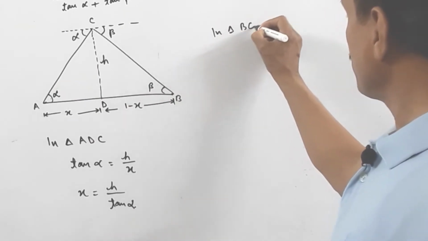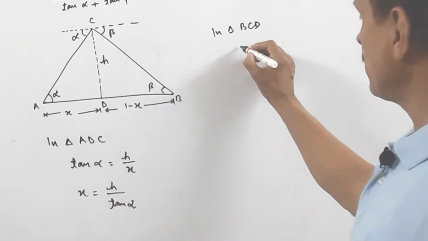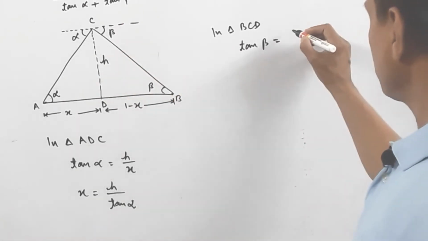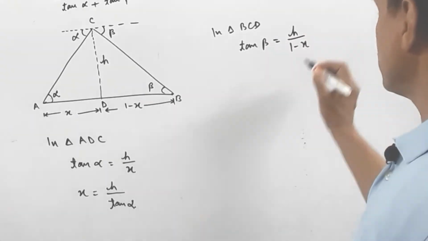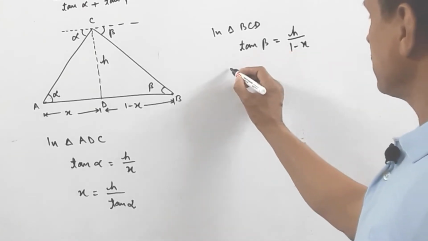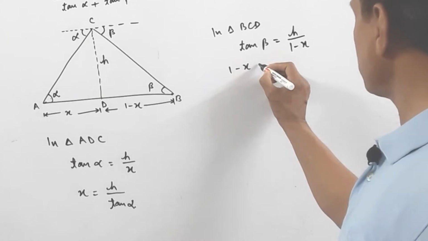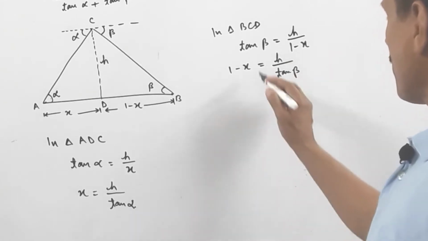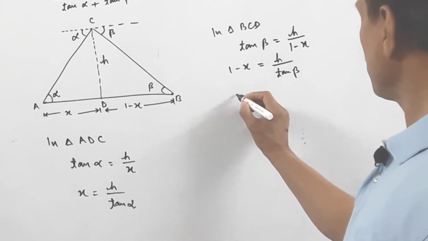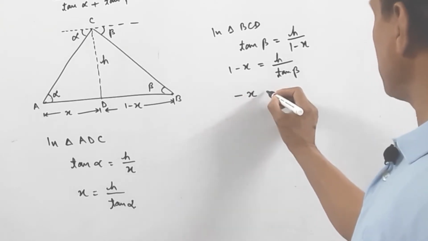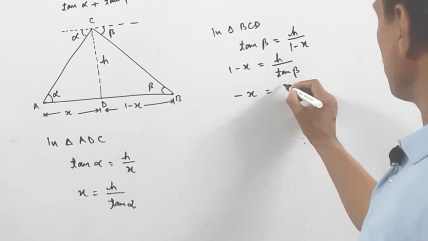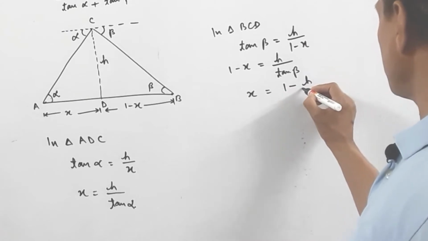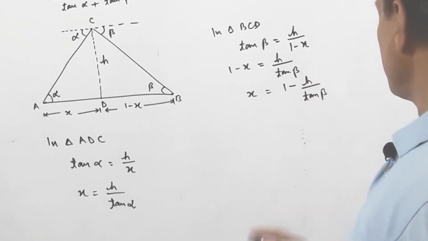Now in triangle BCD, tan beta is equal to perpendicular upon base, so h upon 1 minus x, which implies 1 minus x is equal to h upon tan beta, or we can say x is equal to 1 minus h upon tan beta.